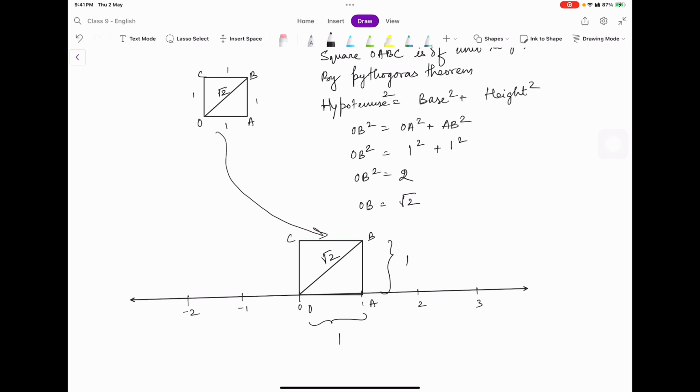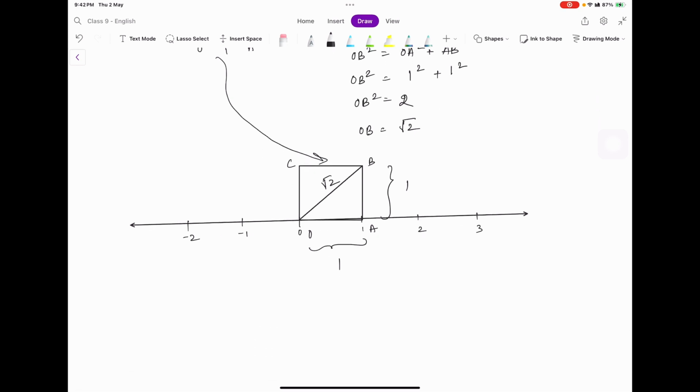Now what you do is, you make a circle. How do you make a circle? You put a compass and you measure the radius. Like if you want to make a circle of only 1 centimeter, you measure the radius with the compass, then you draw a circle. So we'll make an arc here.